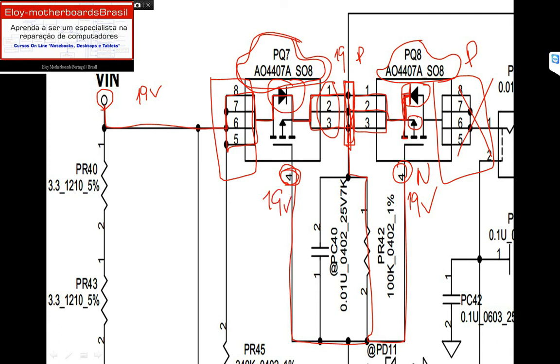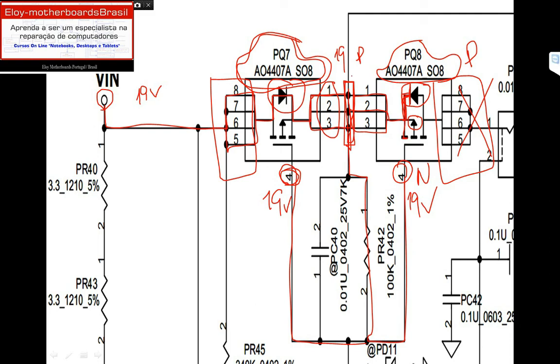As this is a PNP, the gate pin number 4 needs to be low, 0 volts. As long as we have 19 volts on pin 4, this PQ8 will not saturate, it will not activate itself.